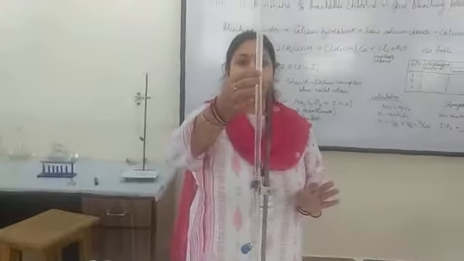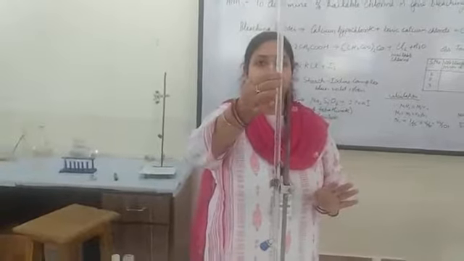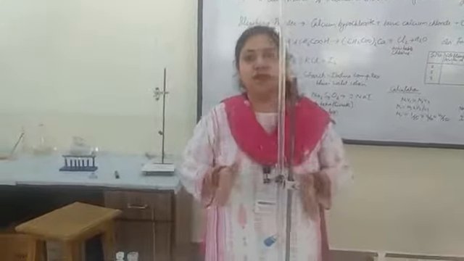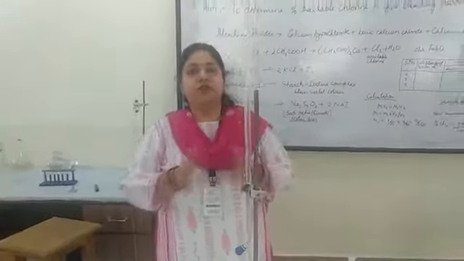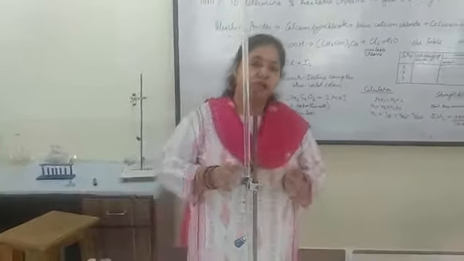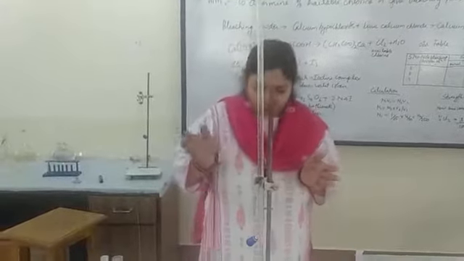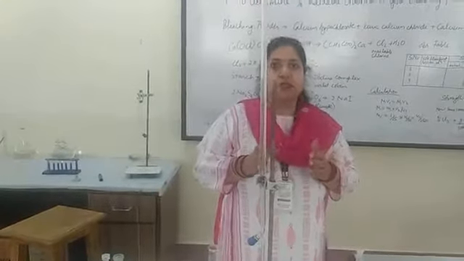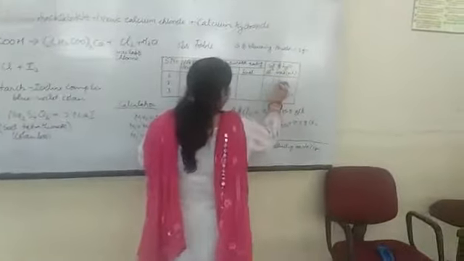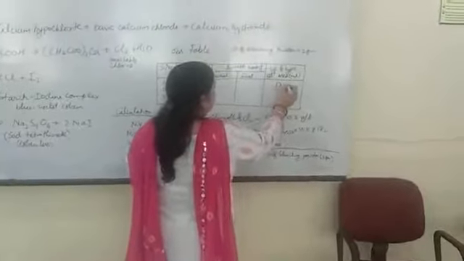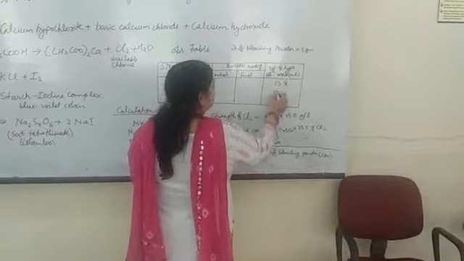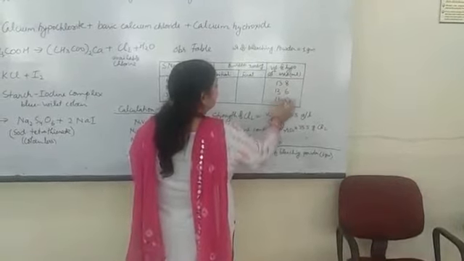The end point is 13.6. We will repeat this experiment 3 times to get the final reading. We have already done 2 readings. So the final readings are 13.8, 13.6 and 13.6.